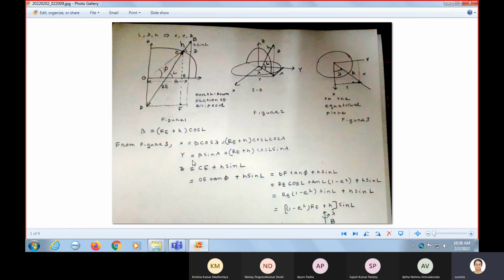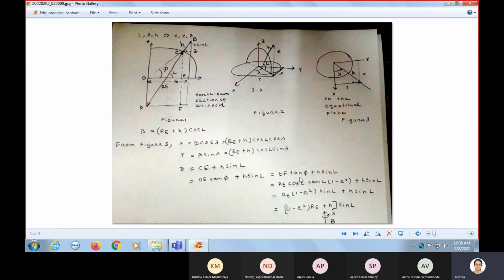So we can write that CE is equal to OE times tan phi. This is phi. OE is also equal to DF. Just take this rectangle. So what is DF? If you consider this triangle CDF, then DF you can write as RE cos L, right?